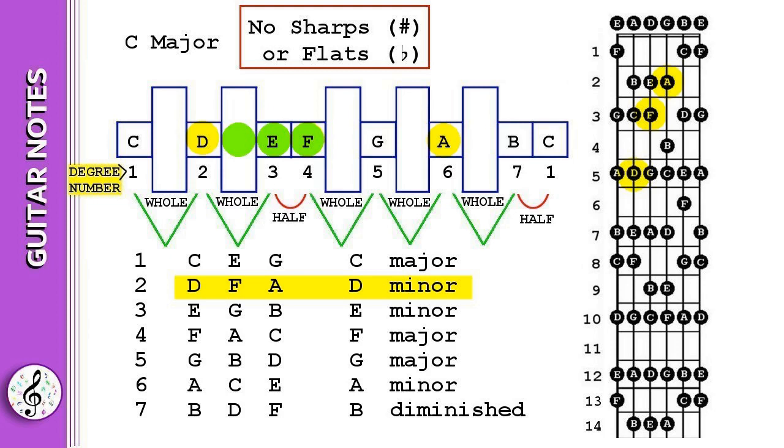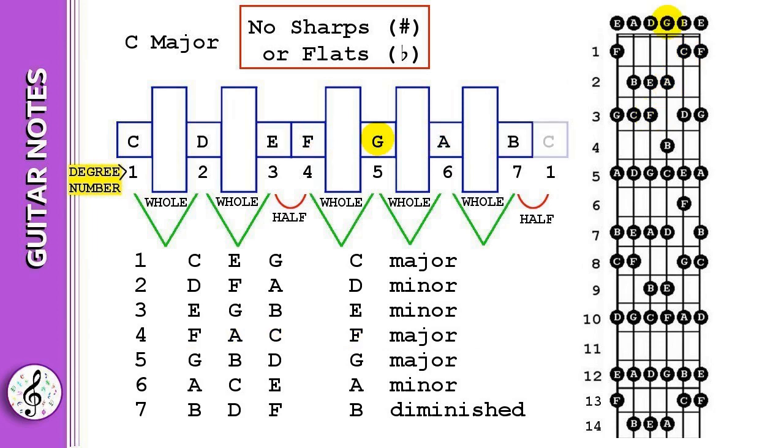For our third chord, we start on the third note. We have E, skip a note, G, skip a note, B. That is E minor. The fourth chord, we have F, skip a note, A, skip a note, C, and that's an F major.